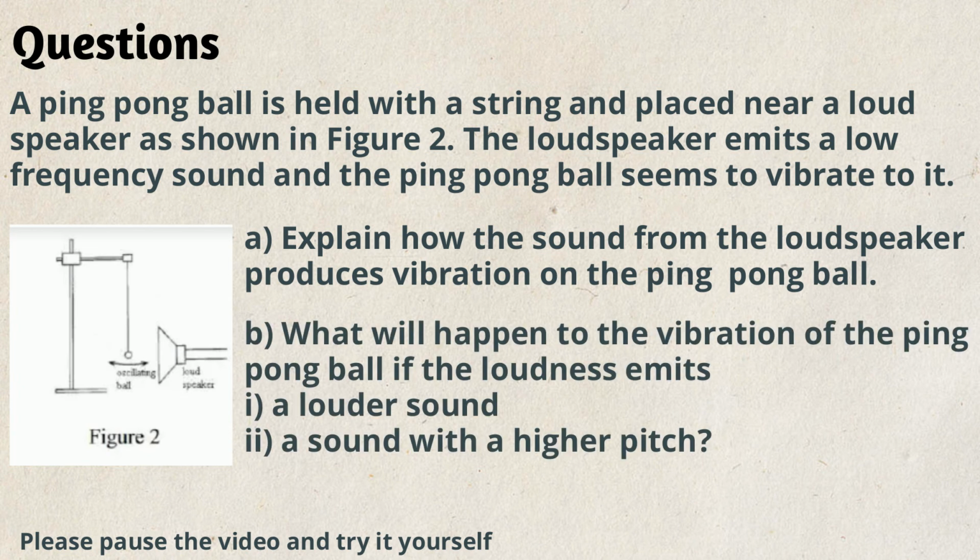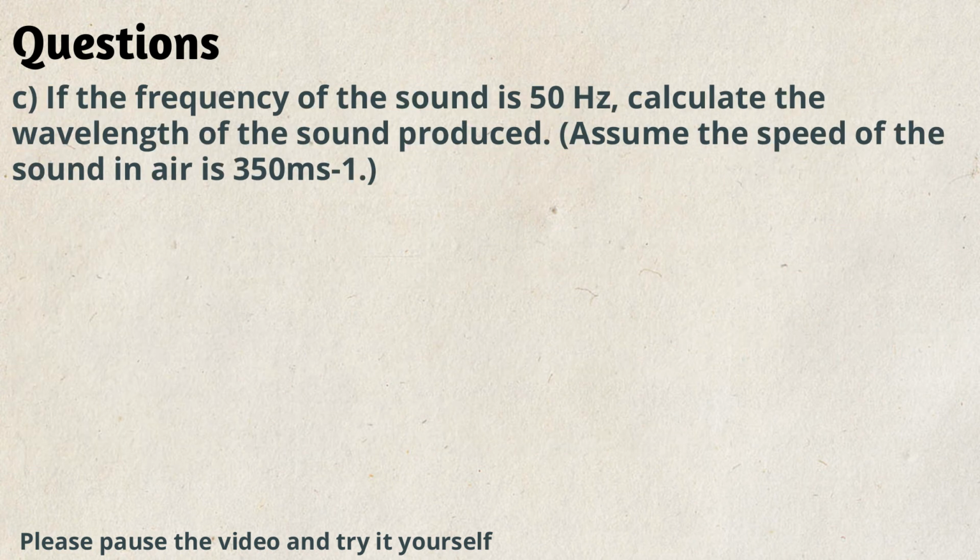What will happen to the vibration of the ping pong ball if the loudspeaker emits a louder sound or a sound with a higher pitch? If the frequency of the sound is 5 Hz, calculate the wavelength of the sound produced. Assume the speed of sound in air is 350 meters per second. Please pause the video and try it yourself.